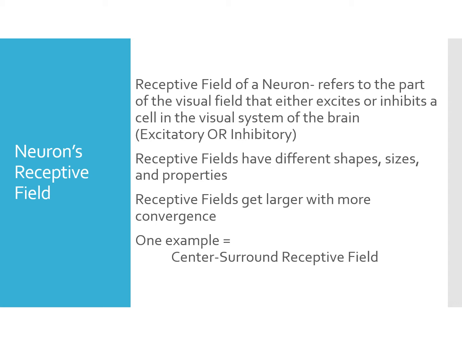Those receptive fields have different shapes and sizes and properties, and they are larger when there's more convergence. If I'm getting more information from more neurons, my receptive field is necessarily going to be larger, and we're also going to watch them get larger and more complex as we get farther and farther from the retina. So one example, we're going to start with this center surround receptive field.